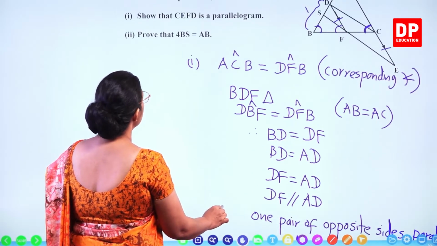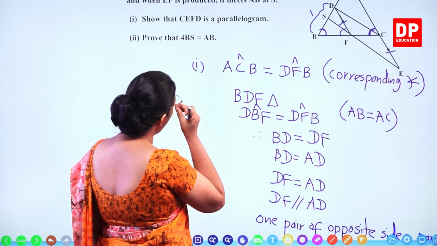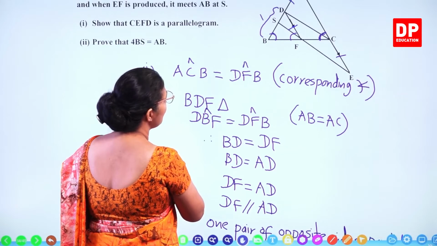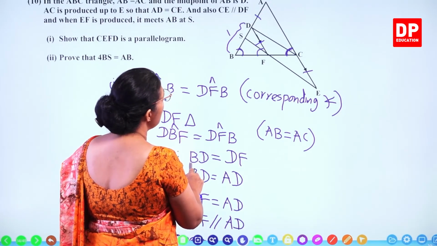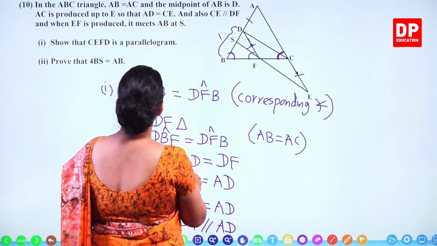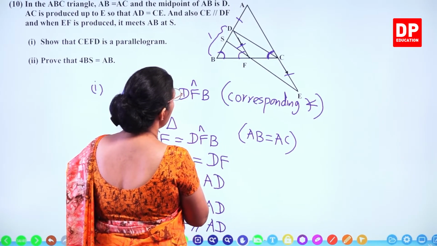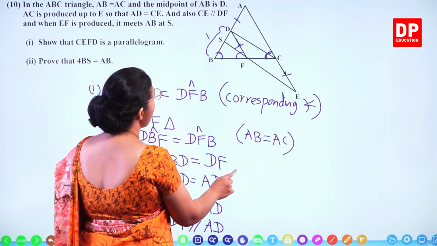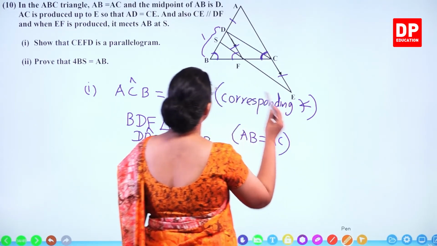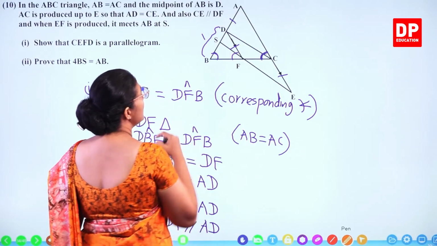Then what it says, prove that 4BS is equal to AB. 4BS is equal to AB. Okay, so that means you have to show that it's divided again equally.